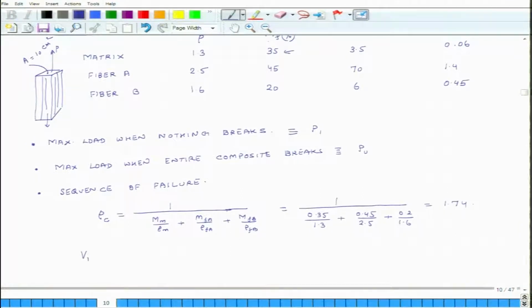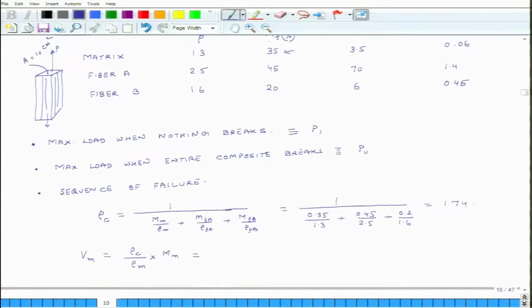So, volume fraction of matrix is what? It is density of composite divided by density of matrix into its mass fraction. And it will be worthwhile to develop this expression once you go back from this lecture.